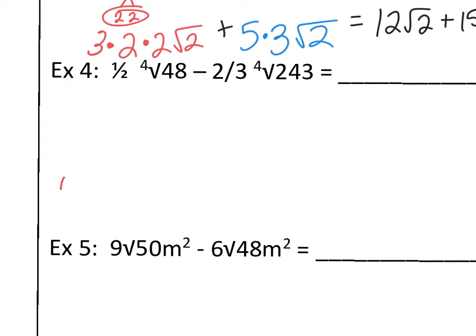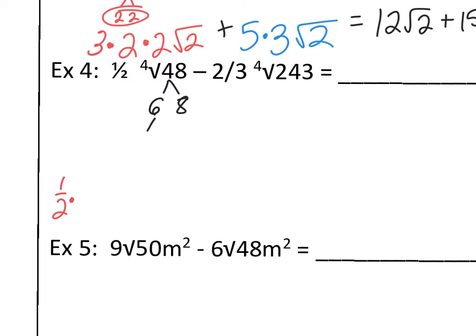So we've got 1/2 being multiplied by this radical that we're going to break down. 48 can break down to 6 times 8. Yeah.